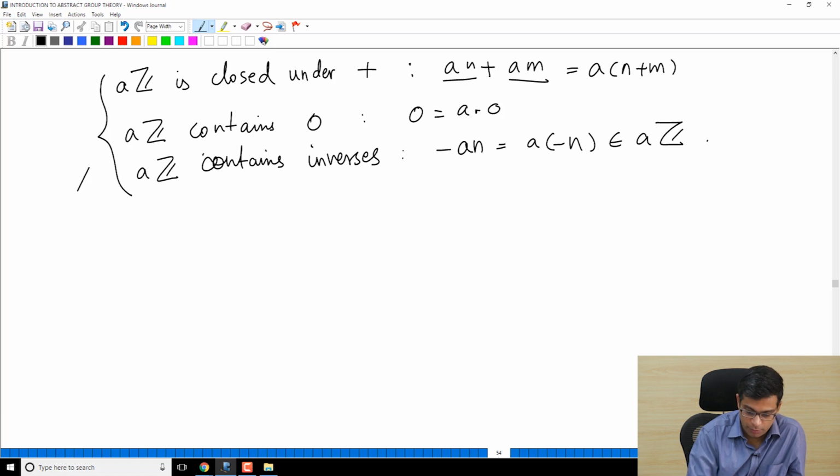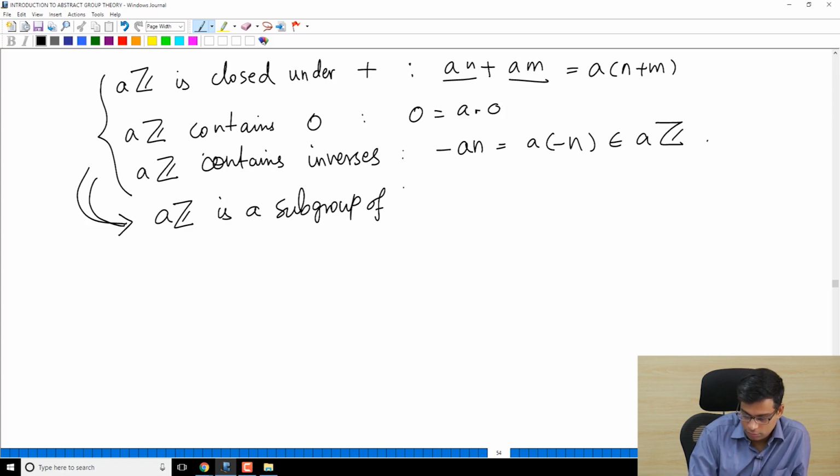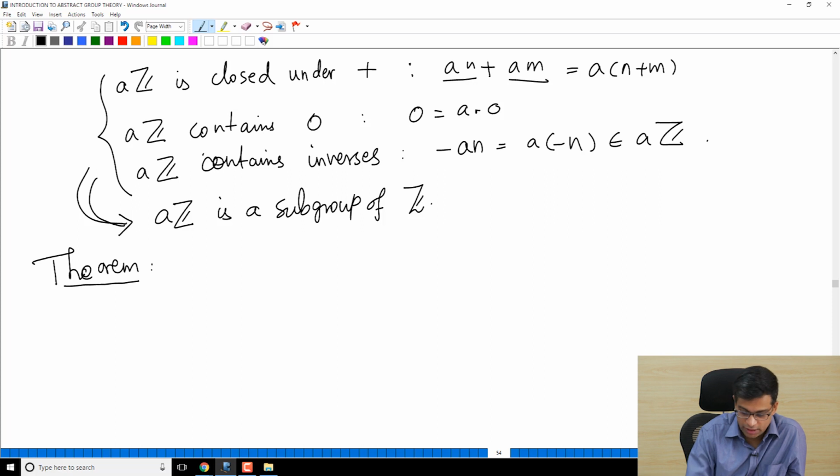So, these 3 points imply that aZ is a subgroup of Z.